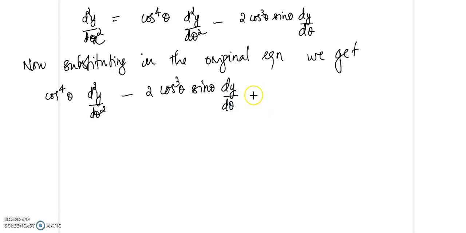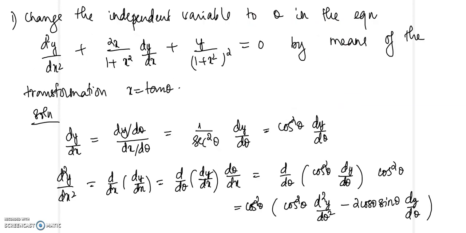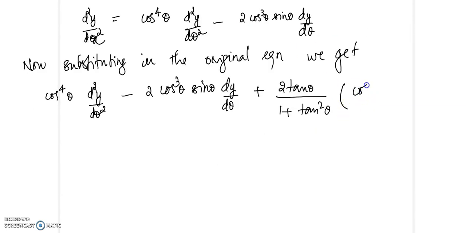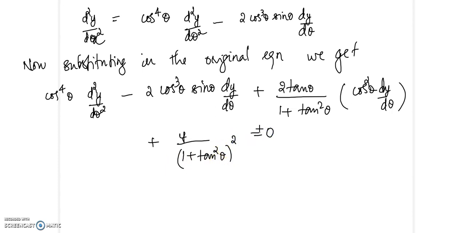That's the value of d square y by dx square, plus 2x by 1 plus x square. So that is 2 tan theta by 1 plus tan square theta into dy by dx, which is cos square theta into dy by d theta. Plus, we'll get y by (1 plus tan square theta) whole square equal to 0.